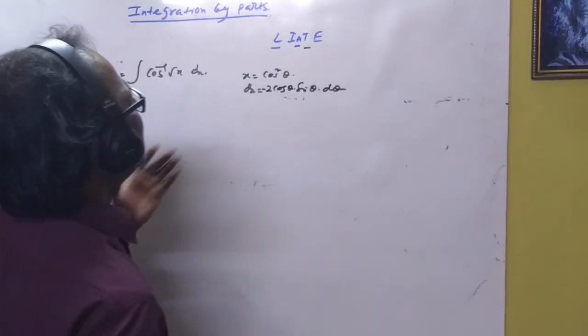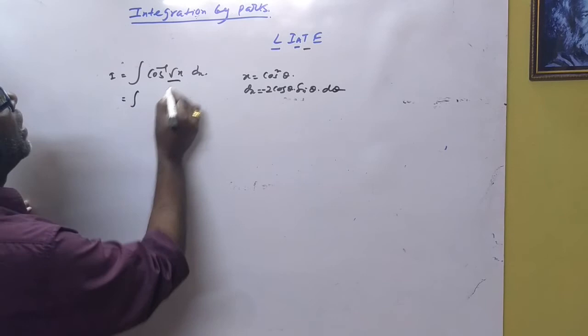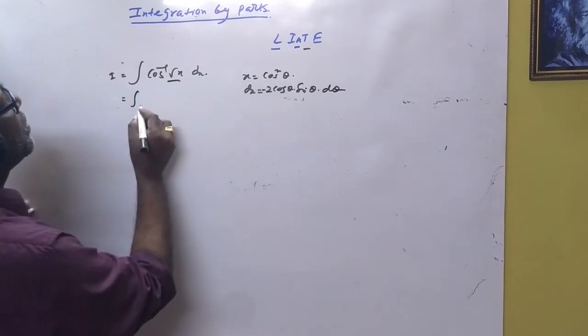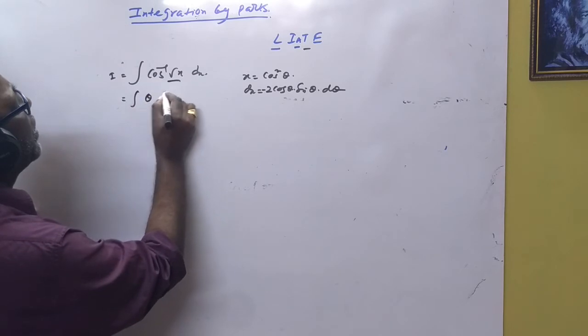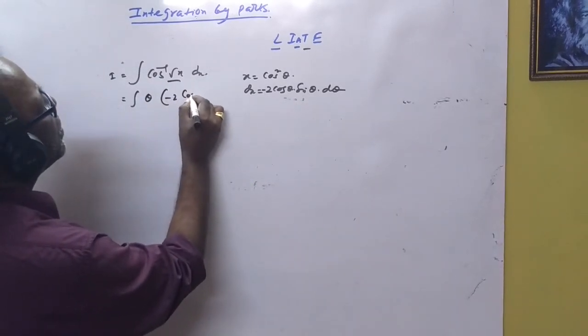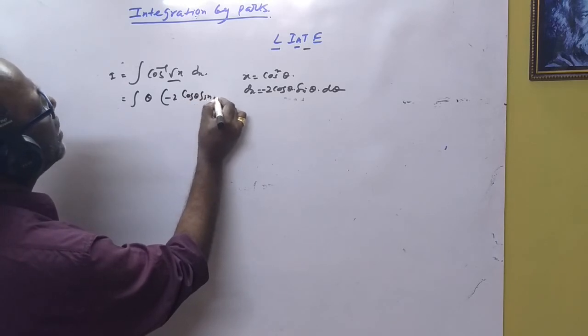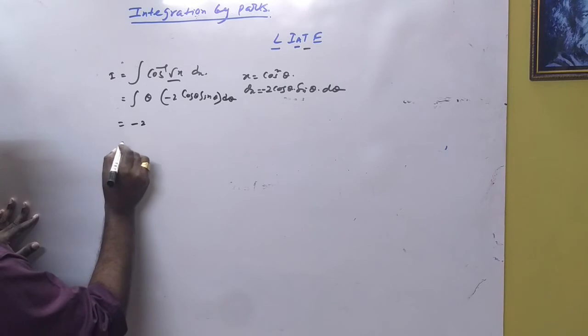I think the differentiation you already understood. And if we put here, this is cos inverse root over cos square theta, this is theta here. Now d theta, the differential is there, 2 cos theta sin theta d theta here. So now take minus theta sin 2 theta and d theta here.